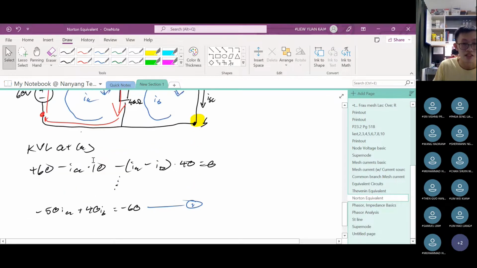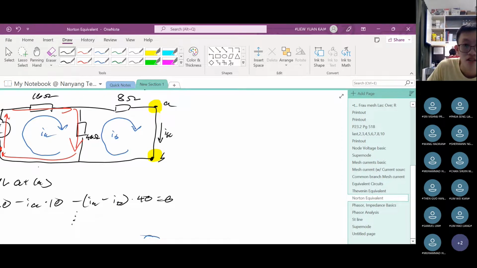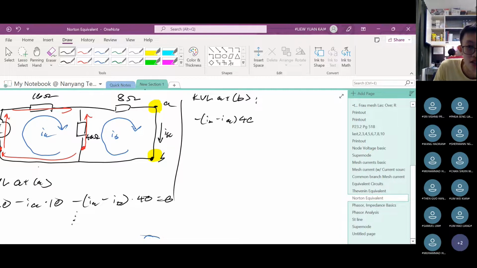Next, we want to do the KVL at B. So let me just do it over here. So KVL at B. So again, start from anywhere you want. So let's just start here. So I go up minus IB minus IA times 40.